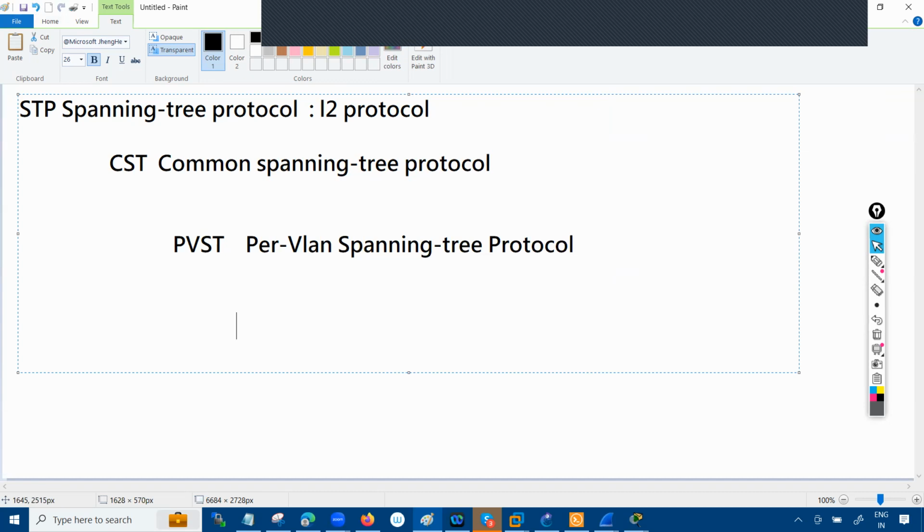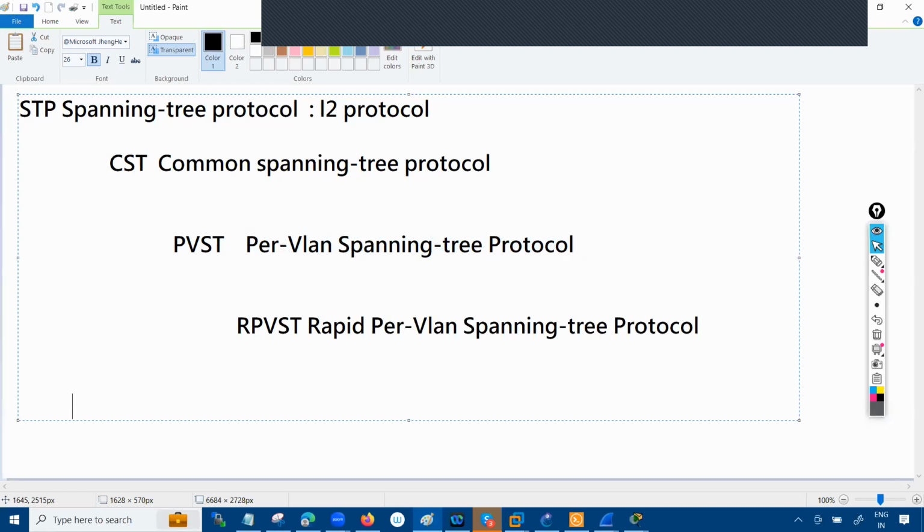I'm talking about the Cisco perspective, okay? And the fourth type is known as MST, Multiple Spanning Tree protocol.